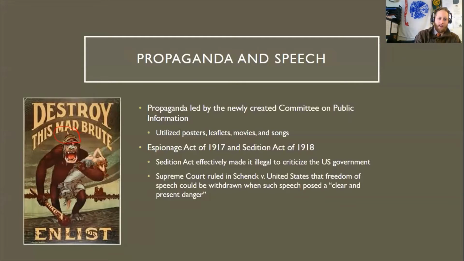You have Kaiser Wilhelm's awesome upturned mustache. You have a poor, half-dressed woman cowering in the brute's arms to represent Belgium. If you think back to the beginning of the war with the rape of Belgium, this is an homage to that. You have German culture spelled with a K, which is just a bloody club, saying that the only culture Germany has to offer is violence.